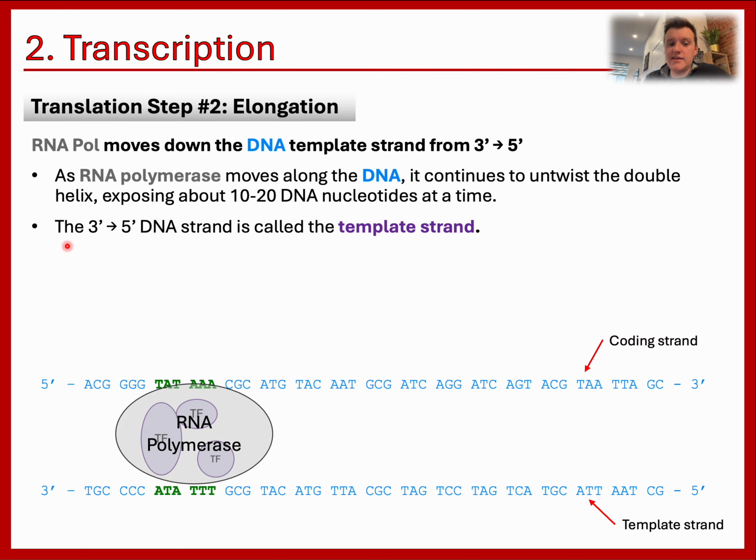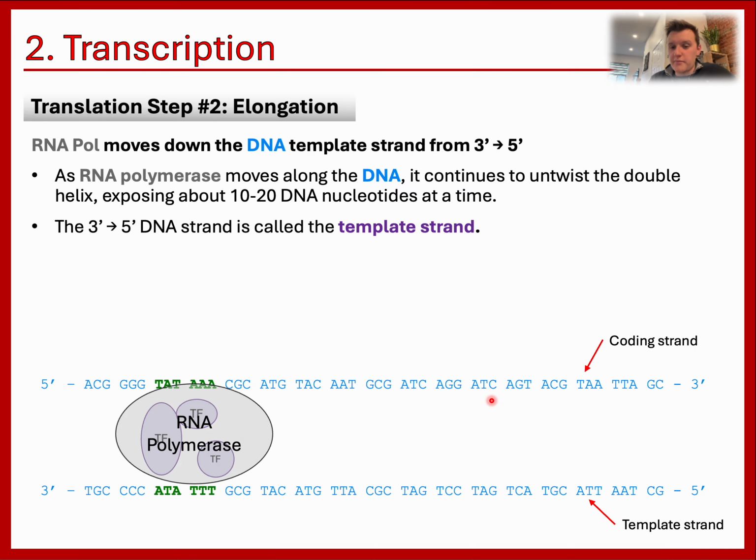And the key here is that the 3' to 5' DNA strand that it's reading and creating its code from is called the template strand. So here, the template strand is this one, which means that when the RNA polymerase starts working, it will go and make its RNA copy based off of this. And it will base pair with this template to make the RNA.